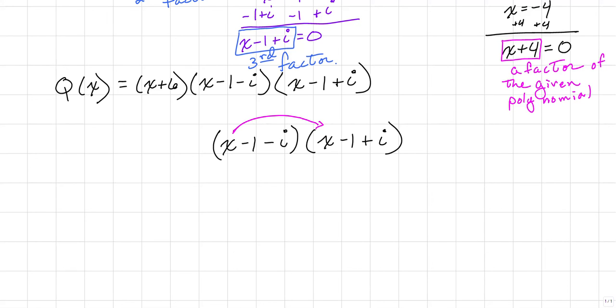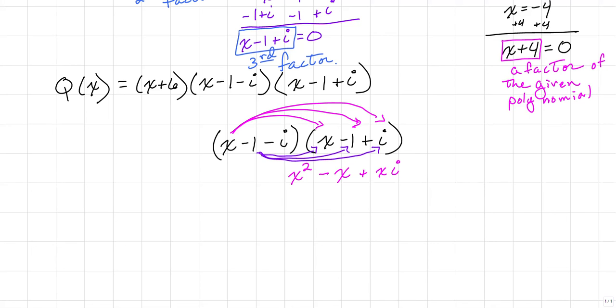x here will multiply the three terms in that trinomial. So I'll have x times x, which is x squared, x times negative 1, which is negative x, and x times positive i, which is plus xi. Then we'll take the negative 1, and we'll multiply that by the three terms in this trinomial.